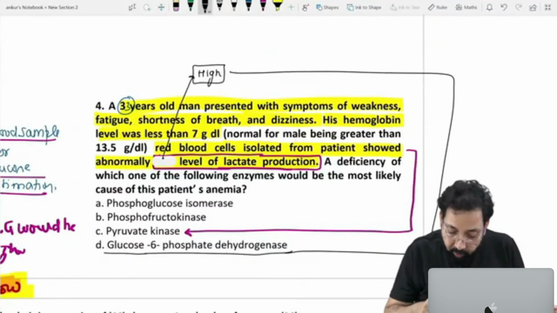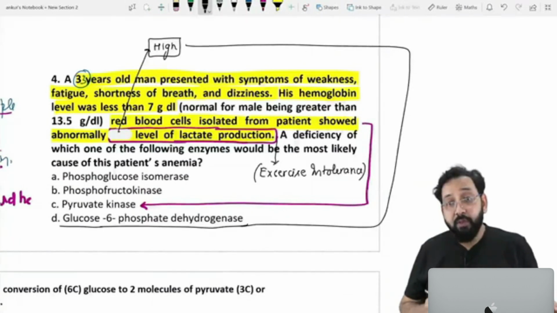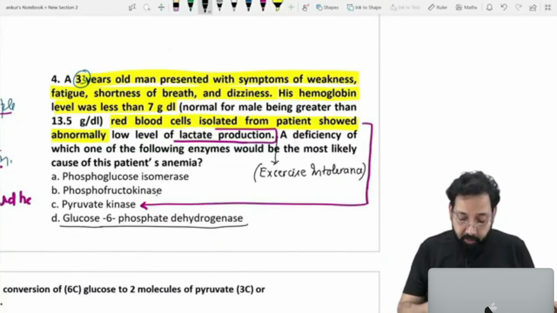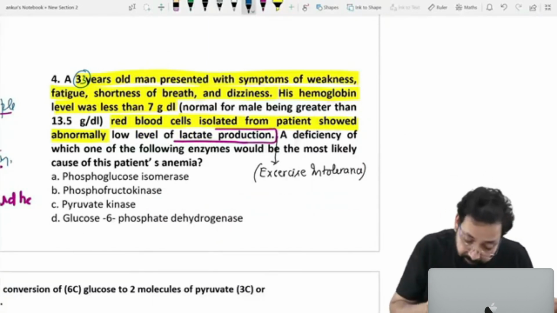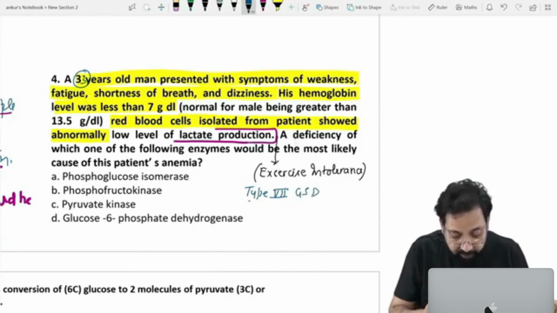In the same question, if I say there is exercise intolerance, meaning low lactate level and exercise intolerance, it is type 7 glycogen storage disease. I will discuss it in detail.